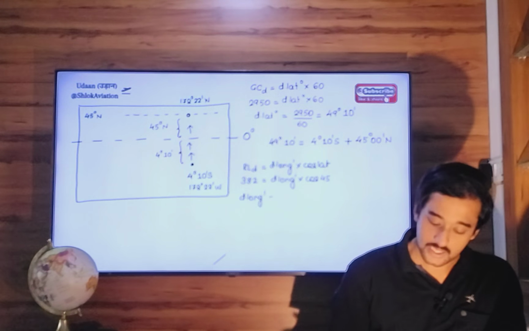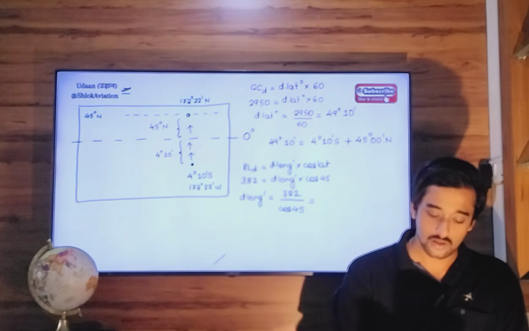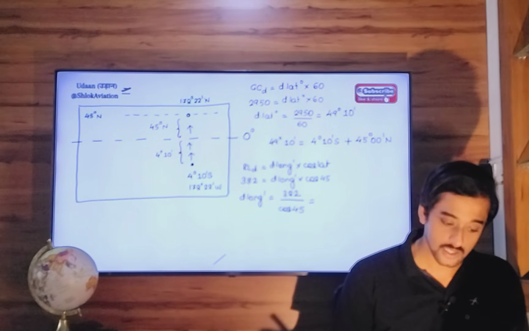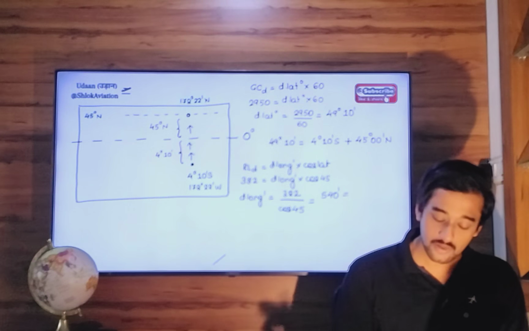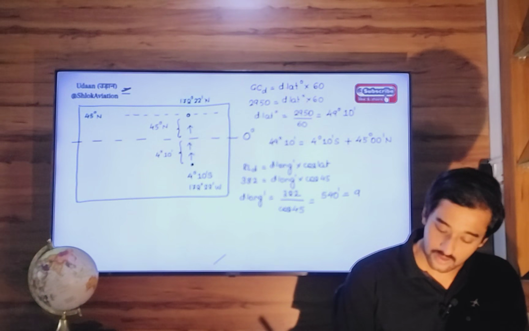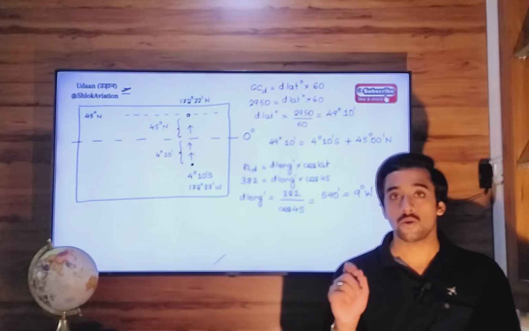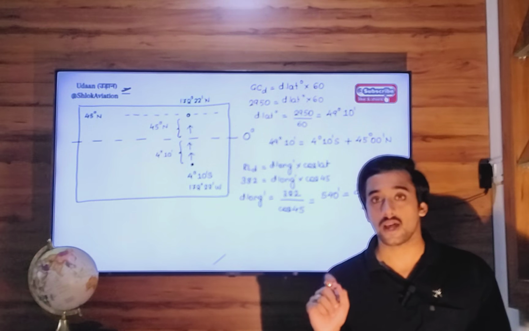So d long in minutes equals 382 divided by cos 45, that is equal to 540 minutes. 540 minutes divided by 60 is equal to 9 degree. That means you are going to change your longitudes by a difference of 9 degrees.